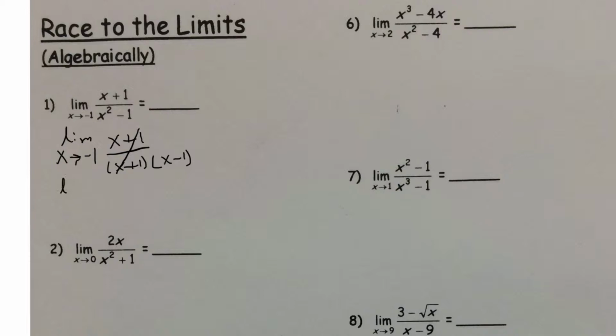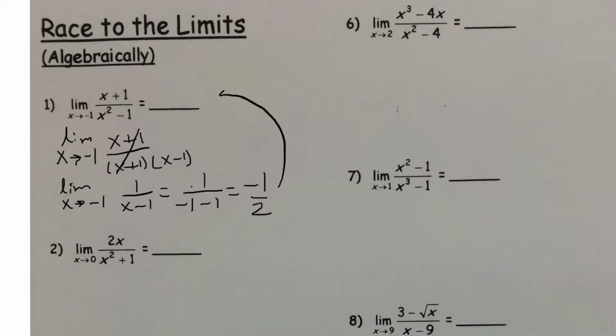And so now we just have the limit as x approaches -1 of 1 over x minus 1. And that would just equal 1 over -1 minus 1, or -1/2. And there's our first answer.